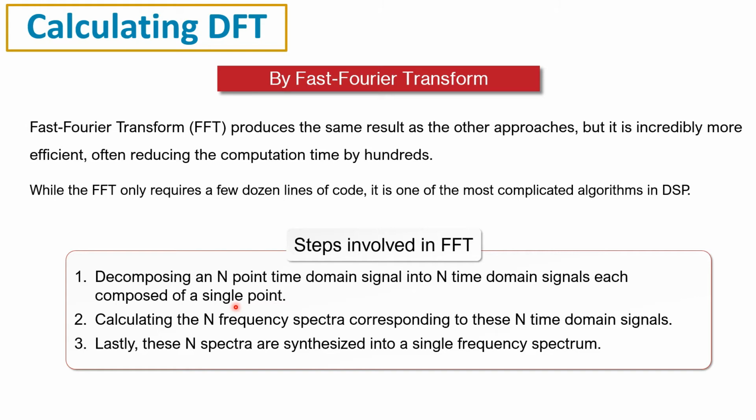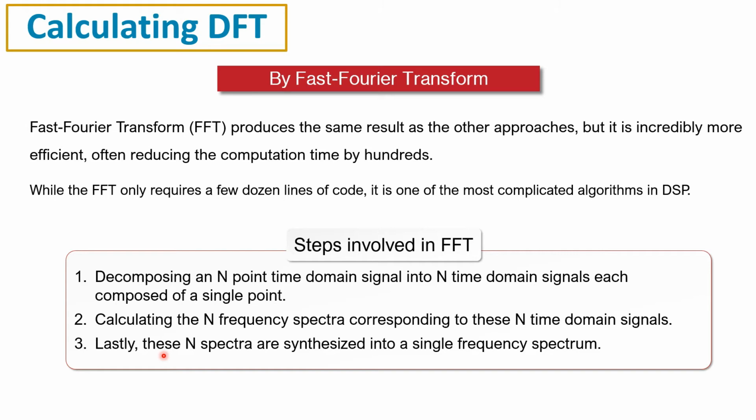We have to convert each of those n signals into n frequency spectra, means each signal will be transformed into frequency domain, means there will be 64 frequency spectra after step number 2. And in step number 3 we have to combine all of those to make one signal.